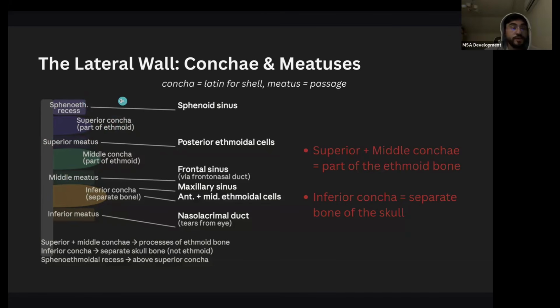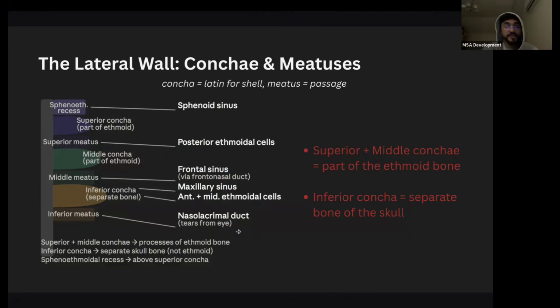Okay? So, the sphenoid sinus drains through the sphenoethmoidal recess. And the posterior ethmoidal cells drain through the superior meatus. And the frontal sinus, maxillary sinus, and the anterior and middle ethmoidal cells drain through the middle meatus, and the nasolacrimal duct will drain through the inferior meatus.